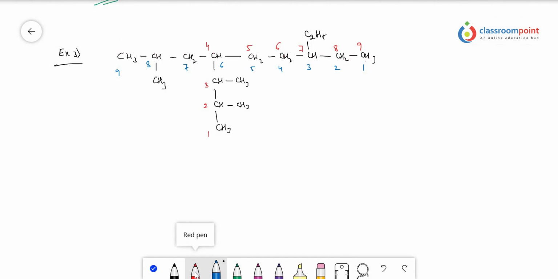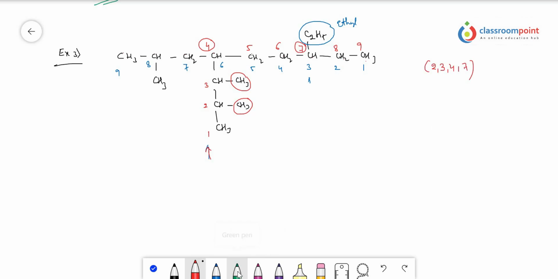So here the name of the molecule is now, see at this particular position, the ethyl group is there. The ethyl group is at the third position. Okay, sorry, the ethyl group is at the 7th position if you see the red color numbering. And here this one is the 2nd position, 3rd position, 4th position, and 7th position. So this becomes the longest chain, and the set is 2, 3, 4, and 7.